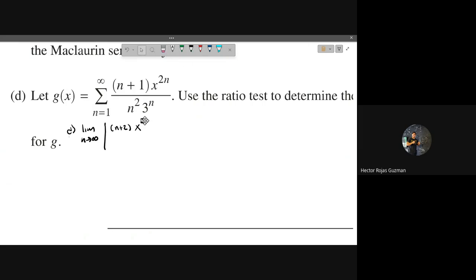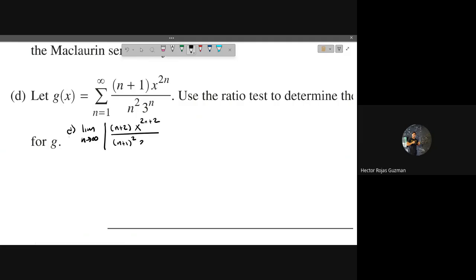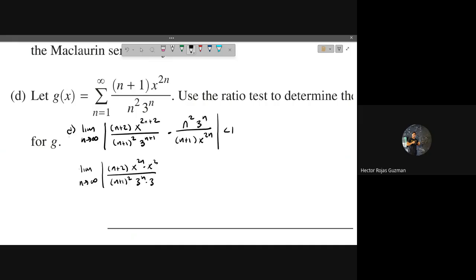So I'll just put 2n plus 2 divided by n plus 1 squared times 3 to the power of n plus 1, divided by a of n, or multiplied by the reciprocal. Okay, simplify it down.